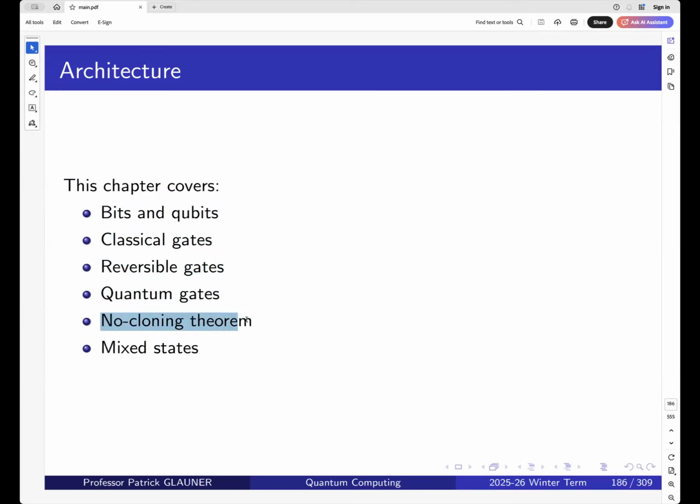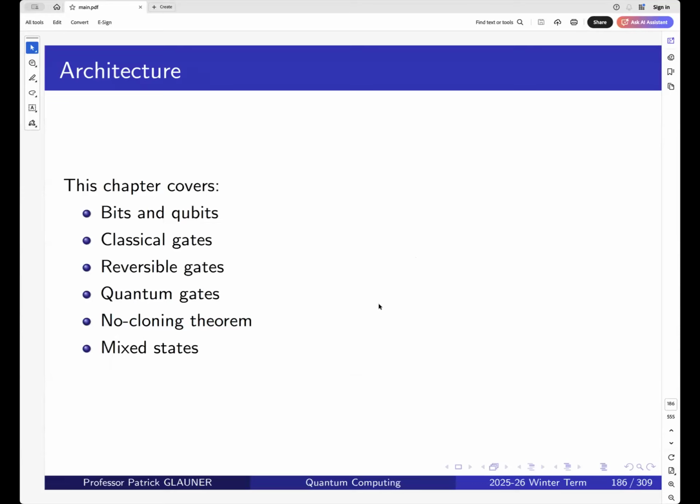And then we see something else that's called the no-cloning theorem and mixed states. Because in traditional computing, you can just copy and paste variables, or you can just copy the value of a variable. That's something that does not work with quantum states. So in a quantum computer, you cannot just clone a quantum state, which comes with new consequences on algorithm design.